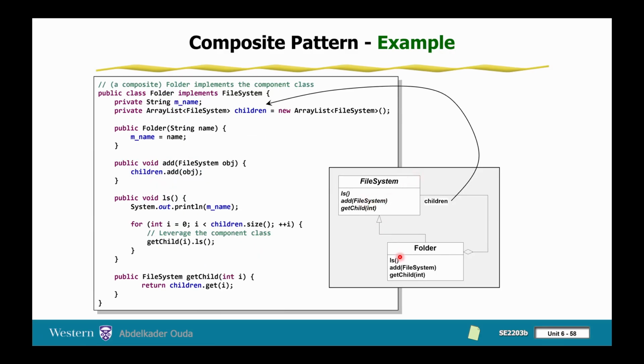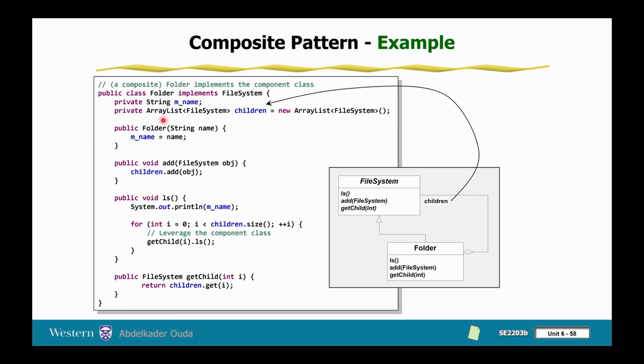For the Folder part, or the container, like the picture, the other example, again, it implements FileSystem and maintains an attribute to hold the name of the folder and maintains here a data structure to hold all its elements or files. So here, look at this aggregation relationship, we call it children of type FileSystem.